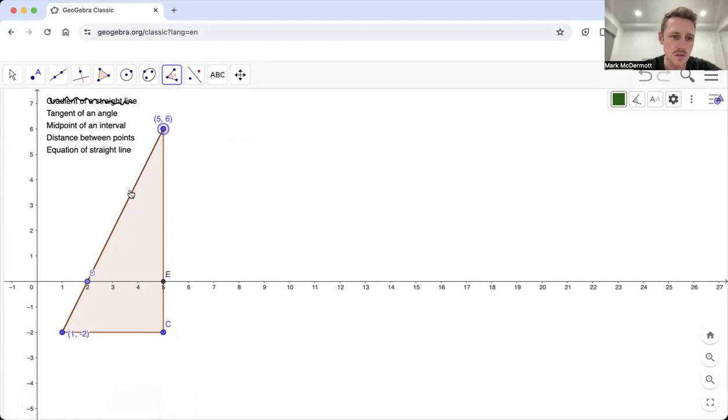If I click angle, click that, click that, click that, it gives me the other angle. I want this angle, so I click angle and then go here, here, here. Okay, we get 63.43.